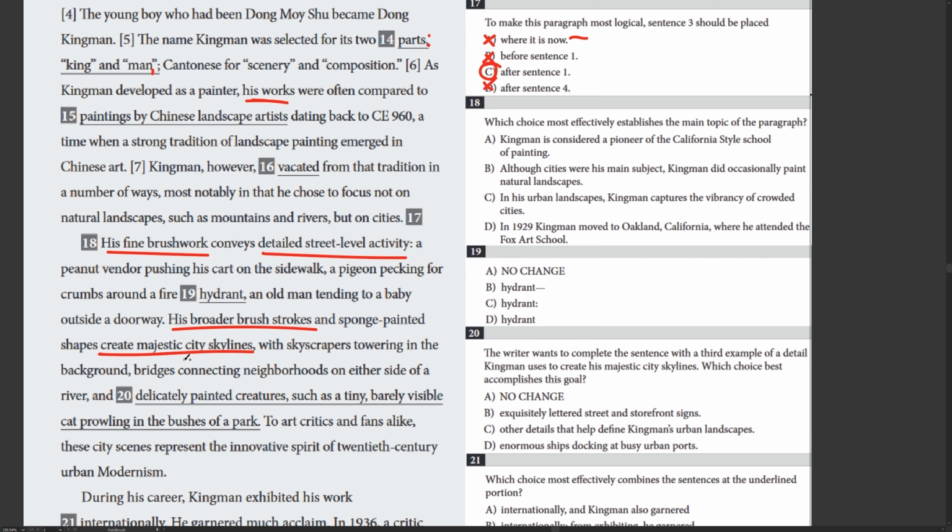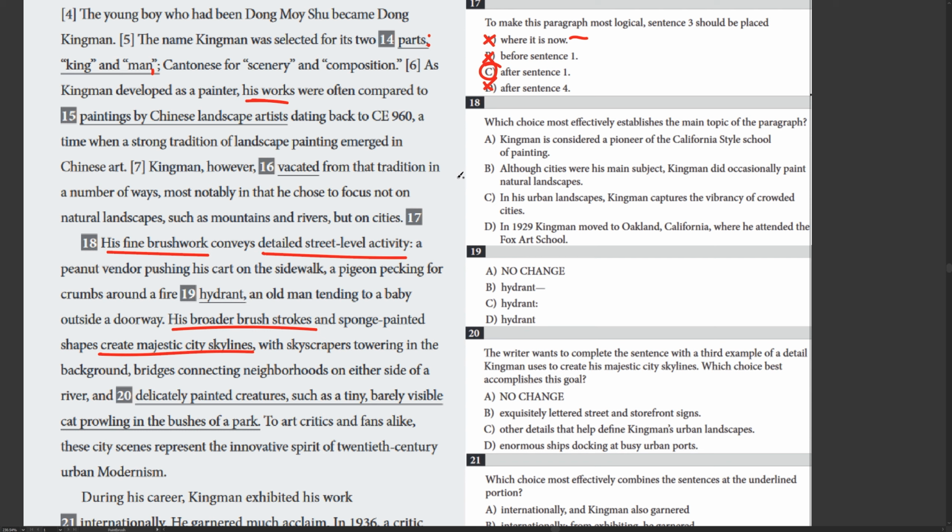So it mentions how he's able to incorporate two different styles in terms of brushwork and use it to convey what the city is. So basically, after reading those two sentences alone, I can conclude that Kingman is a very skilled artist that can combine different styles of brushes in order to convey what it's like living in a city.